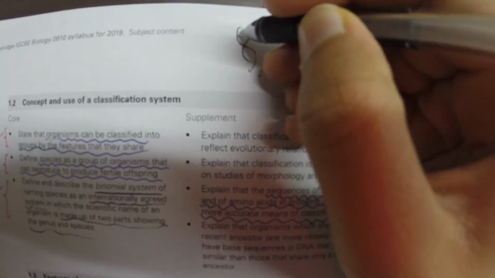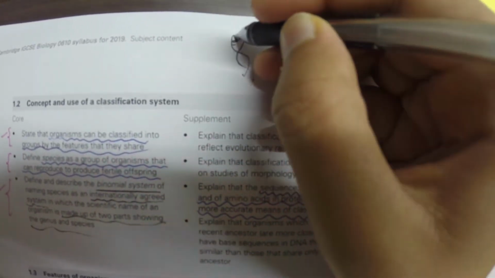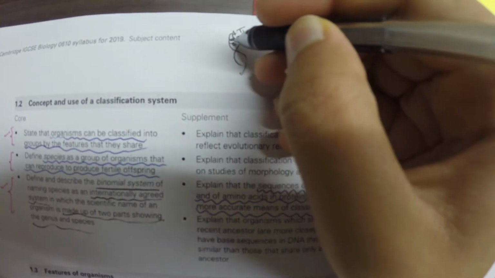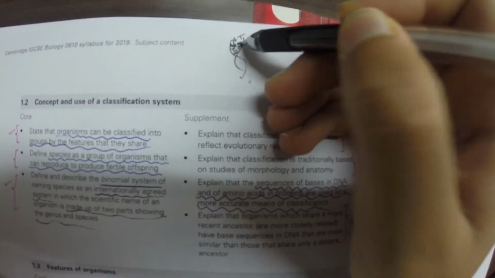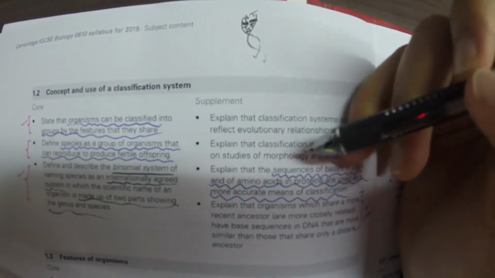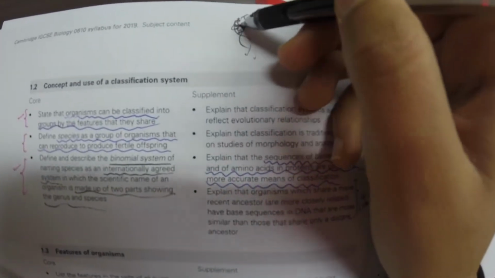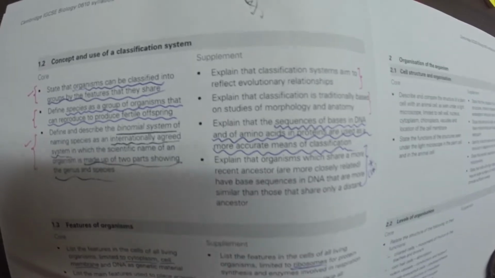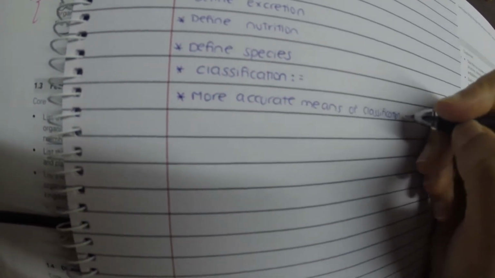So the sequences are these. These are the bases. So it's either A, T, C, G, or T, A, and C, G. These are the sequences of bases of DNA. This is a more complex and more accurate means of classification. That and the amino acids in proteins. You just need to know that, and in your notebook you have to write more accurate means of classification as a question, or just add a colon.